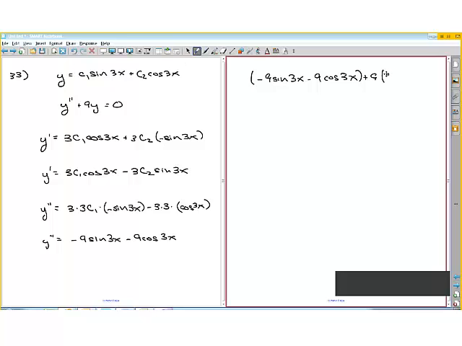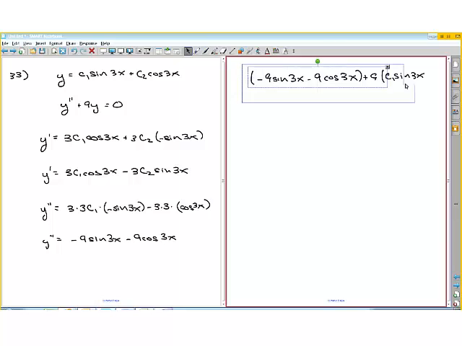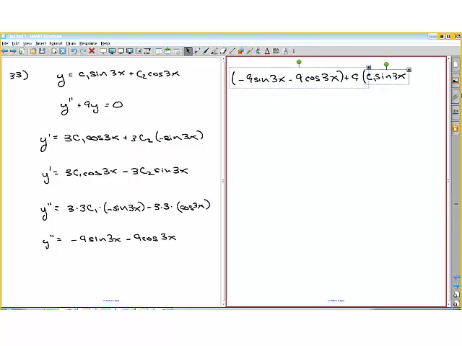So we get C1 sine of 3x, let me smooth this over a little bit, run out of space, plus C2 cosine of 3x. That's from here. And that is supposed to be equal to 0. If this is a solution and we plug it in, we should get that equality.